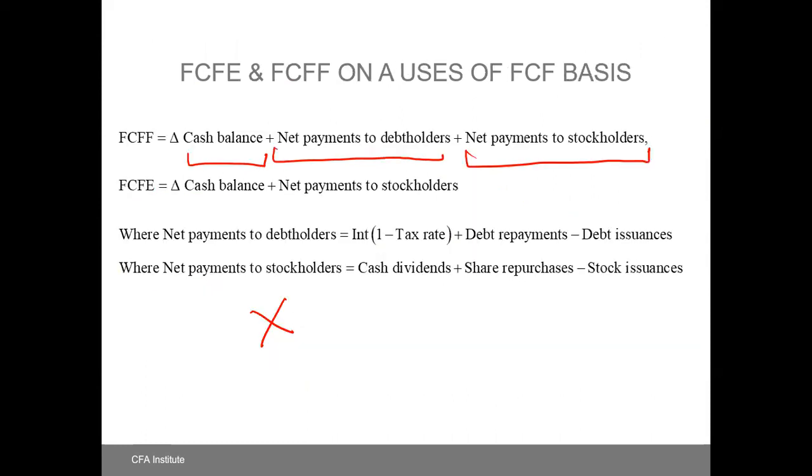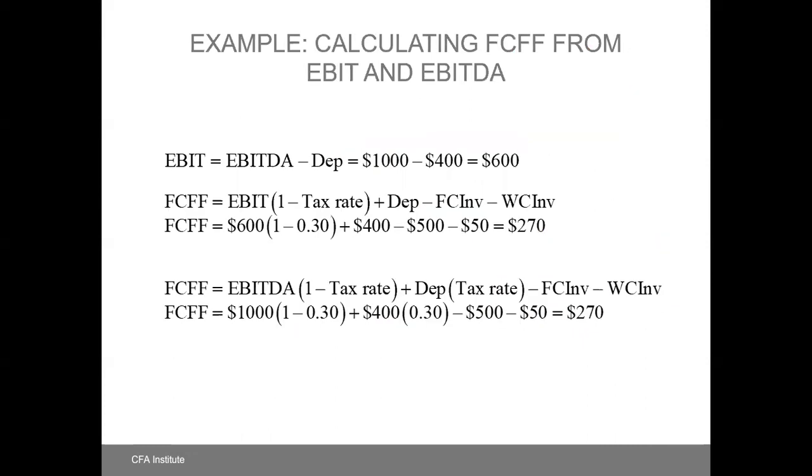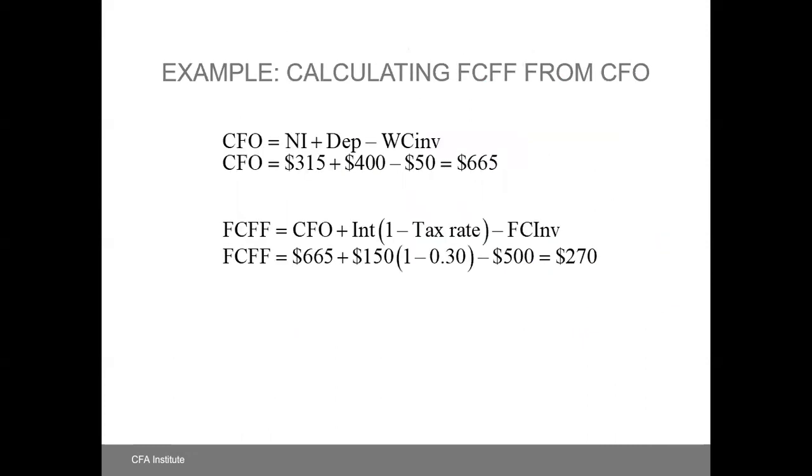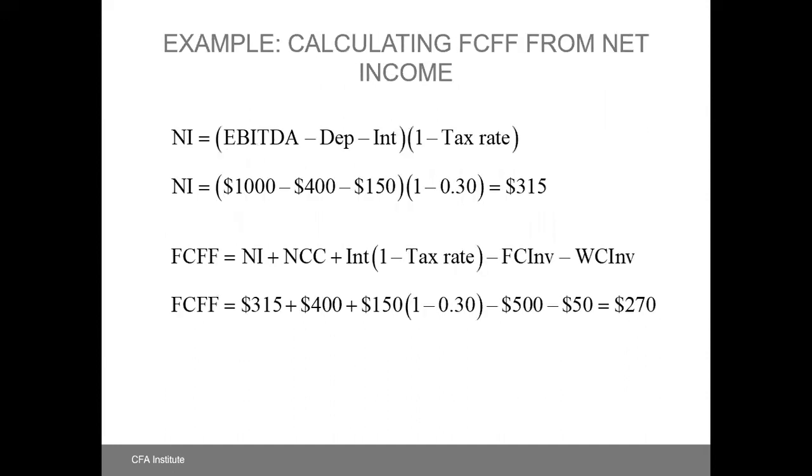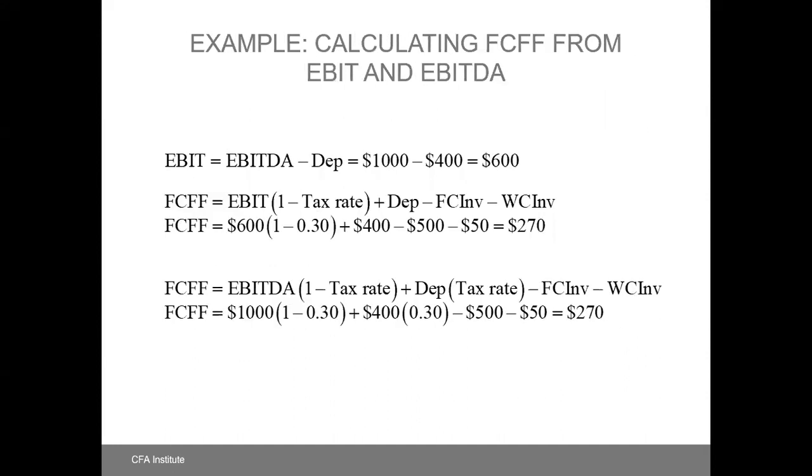So don't get confused by the number of ways the free cash flow to the firm can be looked at. You see the same calculation, the 270 and 245. You can come to the same calculation. Samin, Yasir, are you there? Yes, sir, I am.